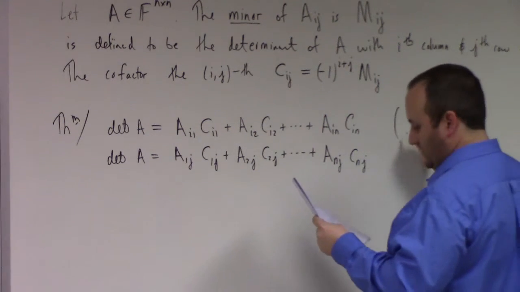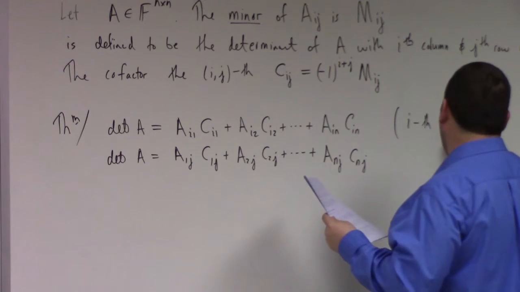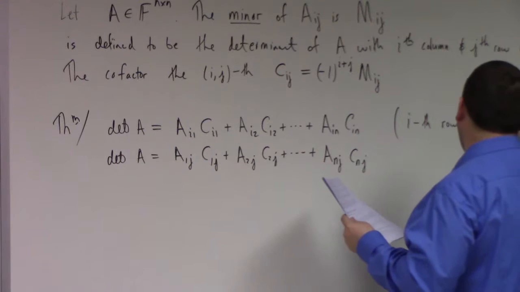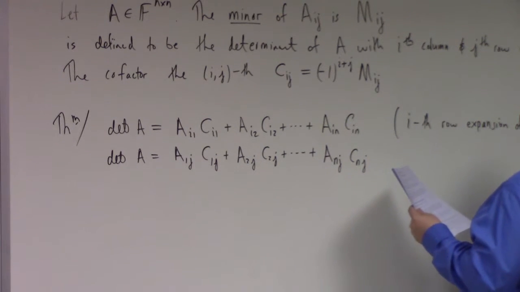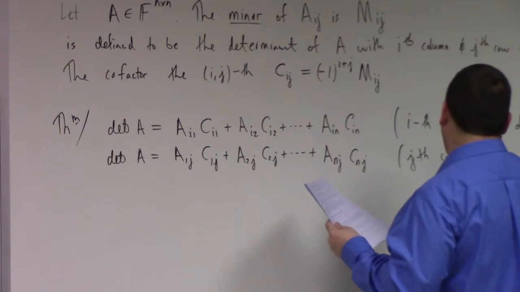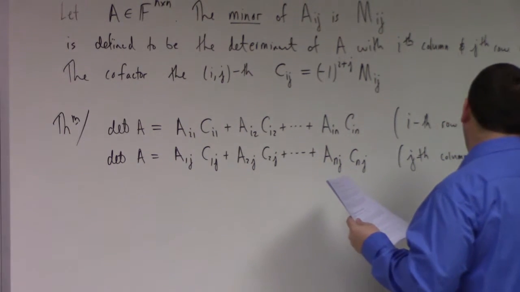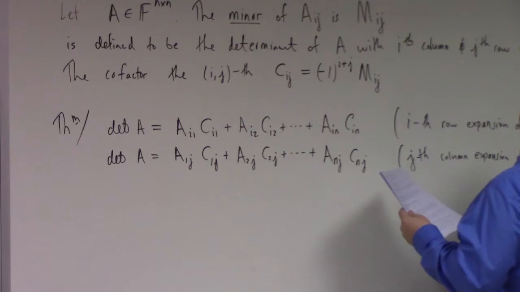This is the so-called ith row expansion of the determinant. And this is the jth column expansion of the determinant.